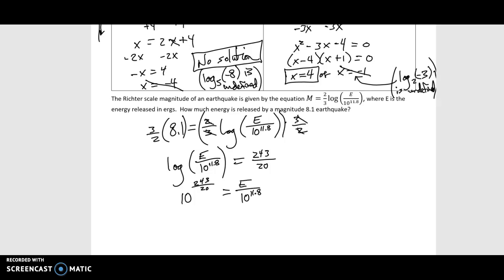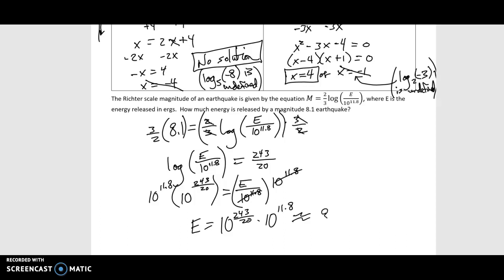I want to solve this for E, so I'm going to get rid of this denominator by multiplying on both sides by 10 to the 11.8. So we're going to get E equals 10 to the 243 over 20 times 10 to the 11.8, which is roughly 8.9125 times 10 to the 23rd ergs.